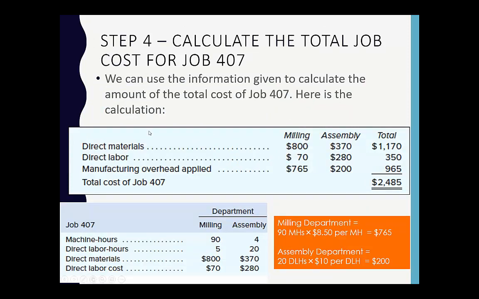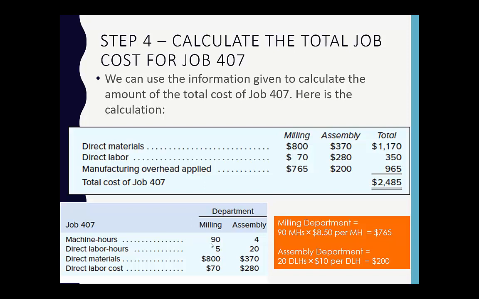Now for this particular job, we had direct materials of $800. That's what it told us down here. We had direct labor of $70. That's the piece of cake. But how much manufacturing overhead do we apply? Well, remember, the milling department is based on machine hours. So I've got to go back here.